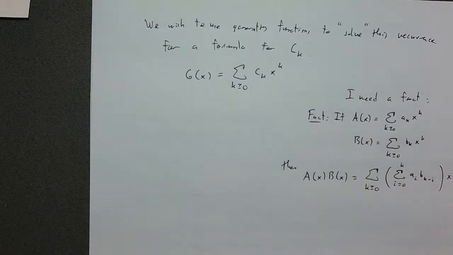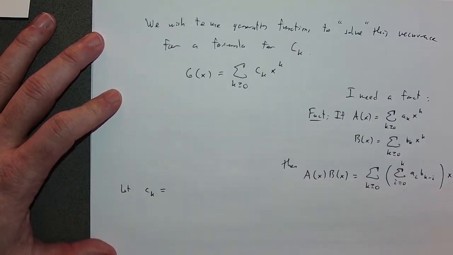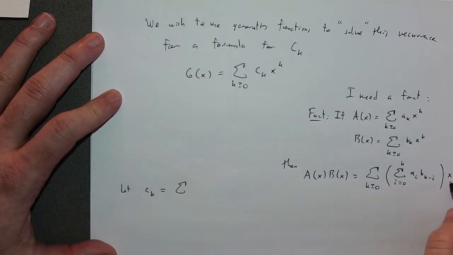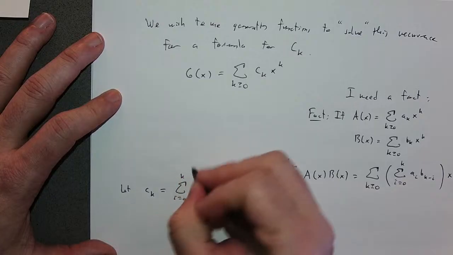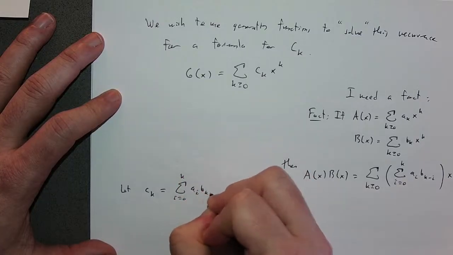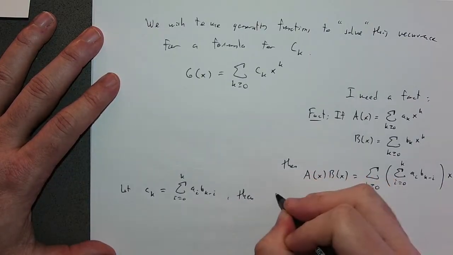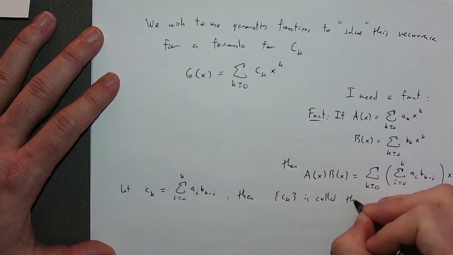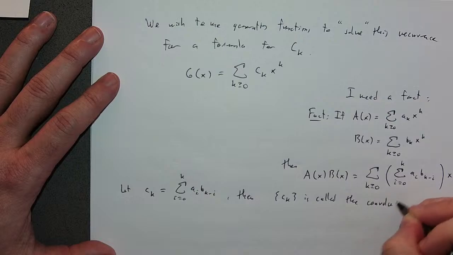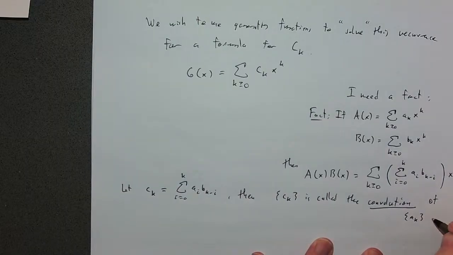And so if we let c sub k be defined as exactly these coefficients of the x to the k term in this product of the generating functions, then the sequence c sub k is called the convolution of the sequences a sub k and b sub k.